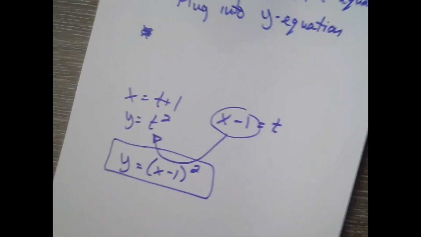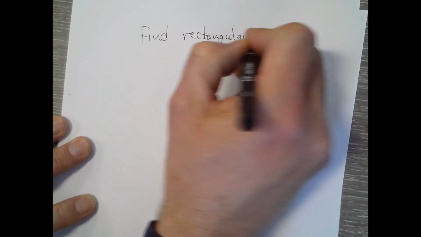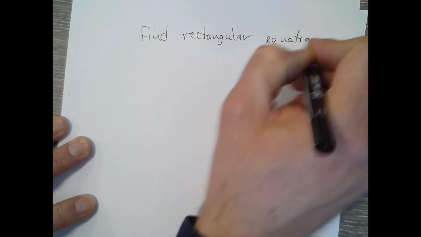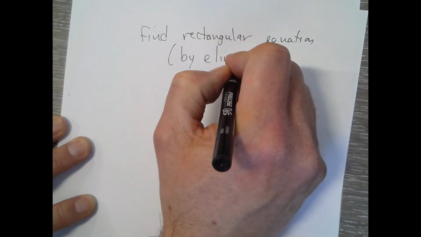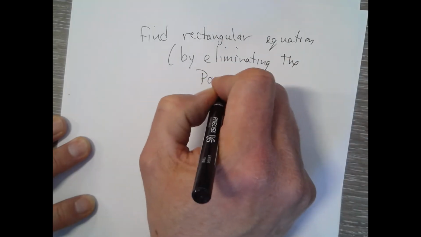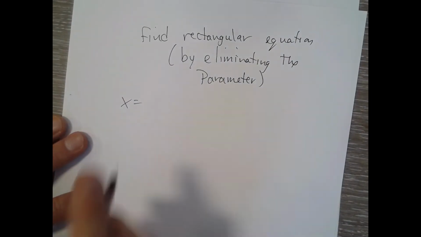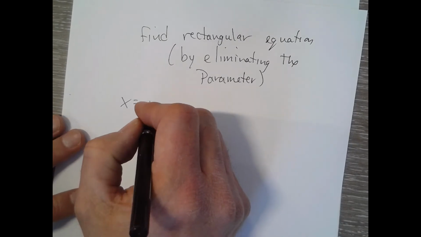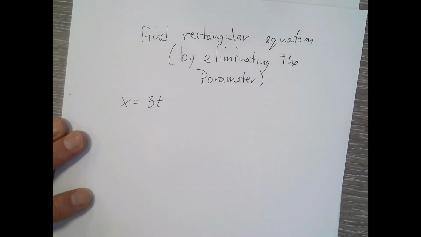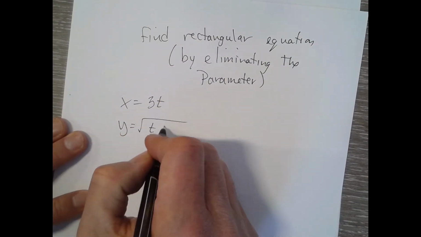Here, why don't you try one? You don't have to graph. I'm just going to have you find a rectangular equation by eliminating the parameter. x is going to be 3t, and y is the square root of t plus 4.